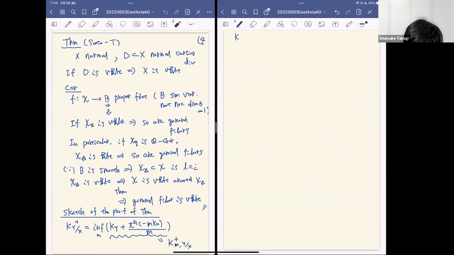So then the condition that K plus m is greater than -1 is equivalent to the following condition.